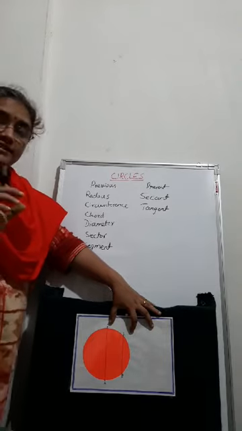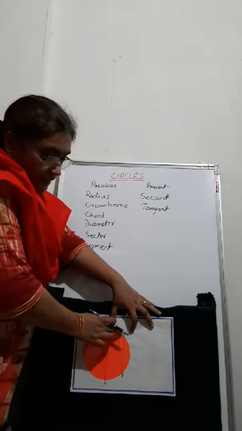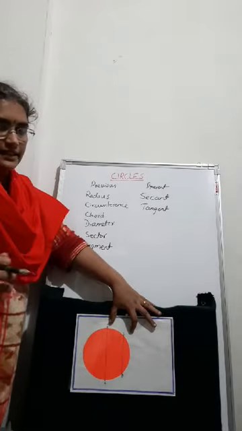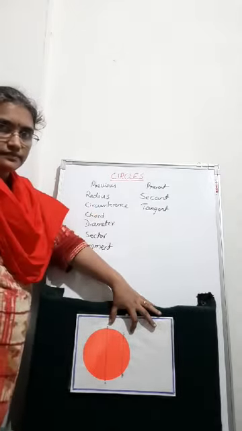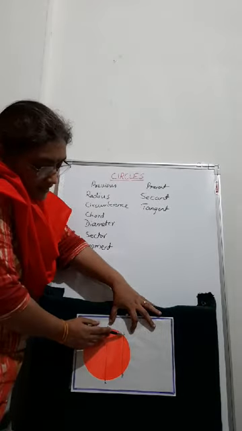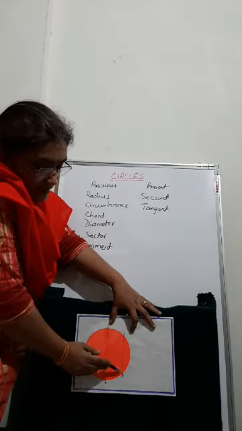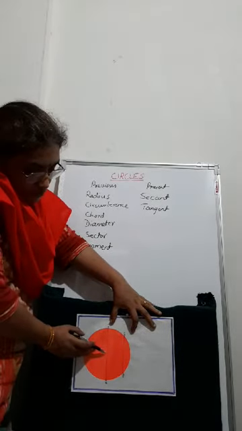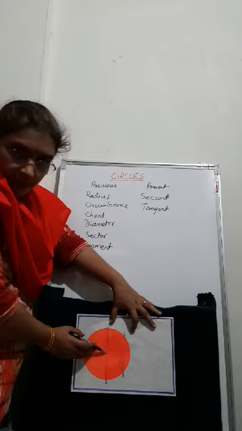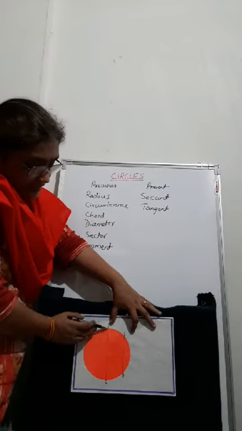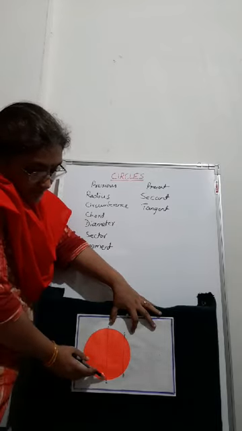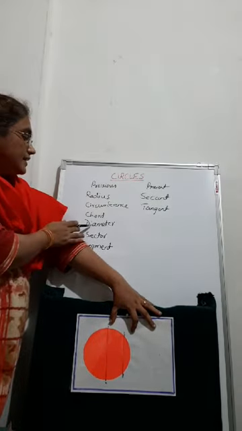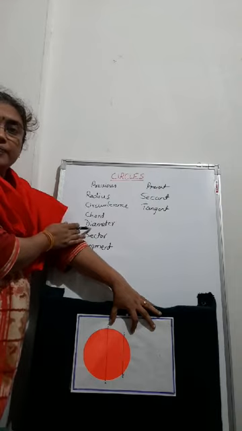So this is the chord. So when the chord intersects and goes beyond the circle, it is called a secant. When it touches only the circumference of the circle, it is called a chord. When it goes through the center of the circle and touches the 2 points at the circumference of the circle, what is it called? It is called diameter.